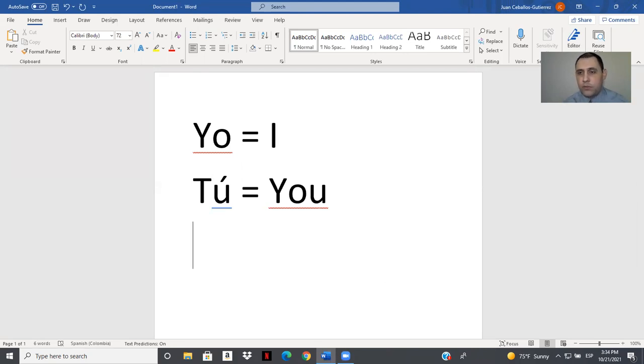Tú changes from country to country. So I wouldn't use tú in a place where I don't know how to use it. For example, in Spain, tú is used more widely. In Colombia, not. For example, we don't say tú between men because tú for us is like flirting with someone, or it's more like a way to show affection.